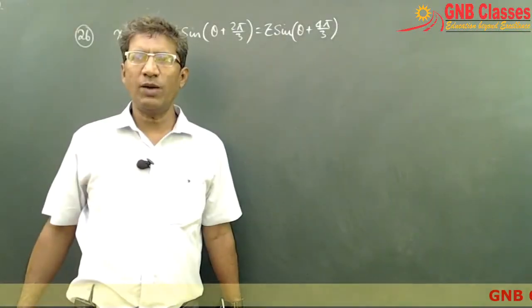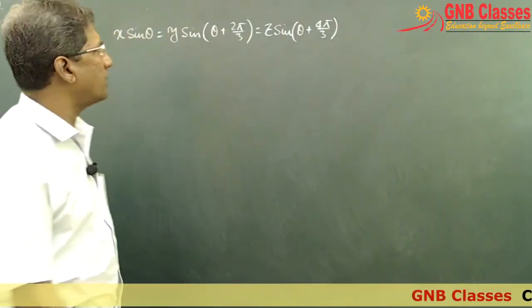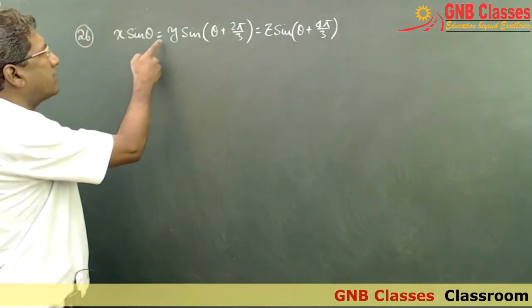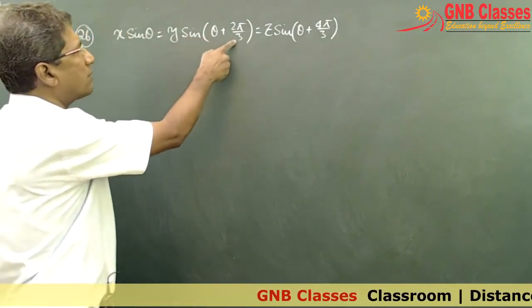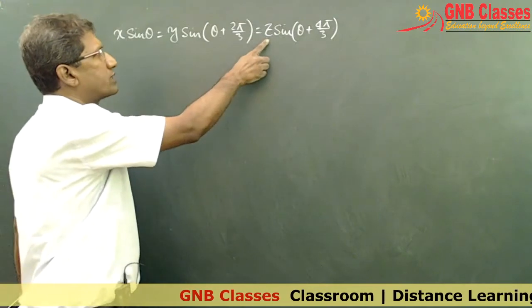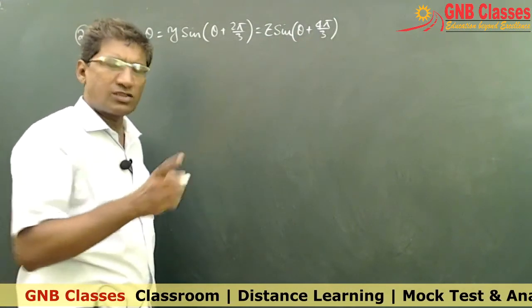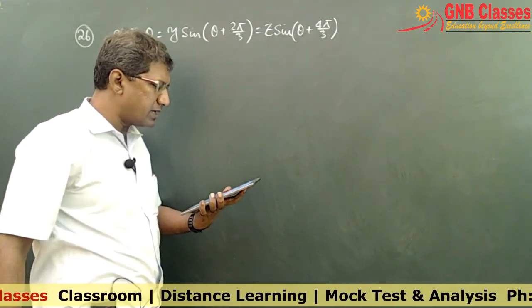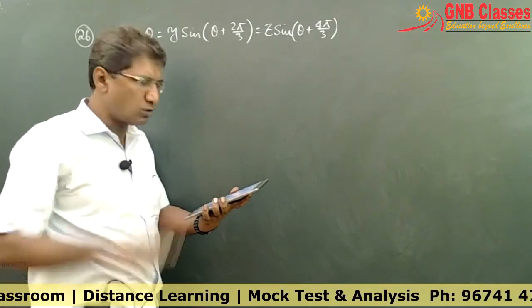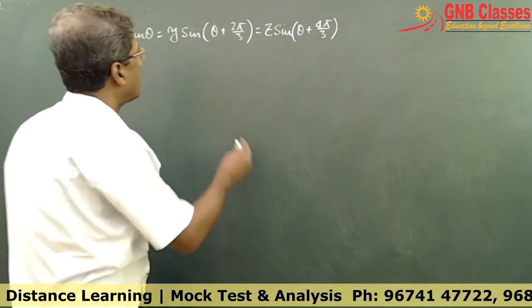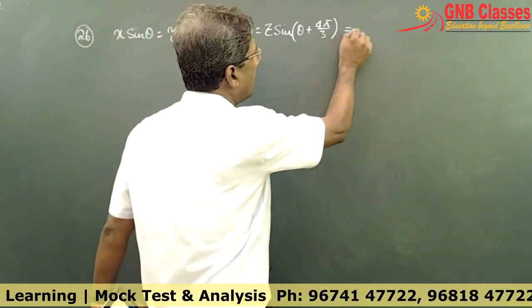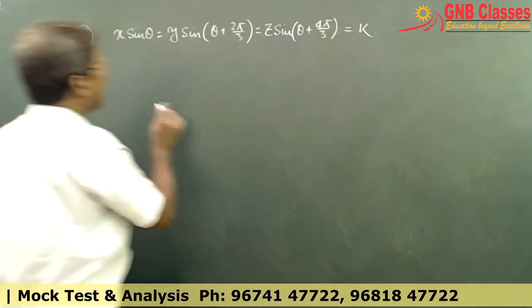In question number 26, they have given us the relation x sine theta equals y sine (theta plus 2 pi by 3) equals z sine (theta plus 4 pi by 3), and they have asked us to find the relationship between x, y and z. So 4 options are given to us. So let me take the relation which is given to us as k.